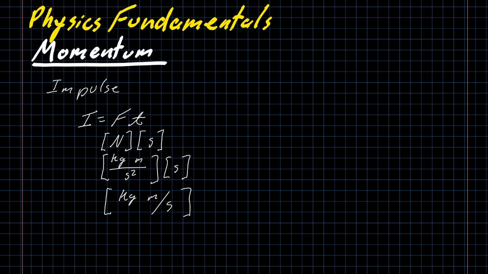This is the unit of impulse. It's a bit of a mouthful, but not quite as much as some of the other units we've talked about. And so for that reason, the official designation of this unit is still the kilogram meter per second.